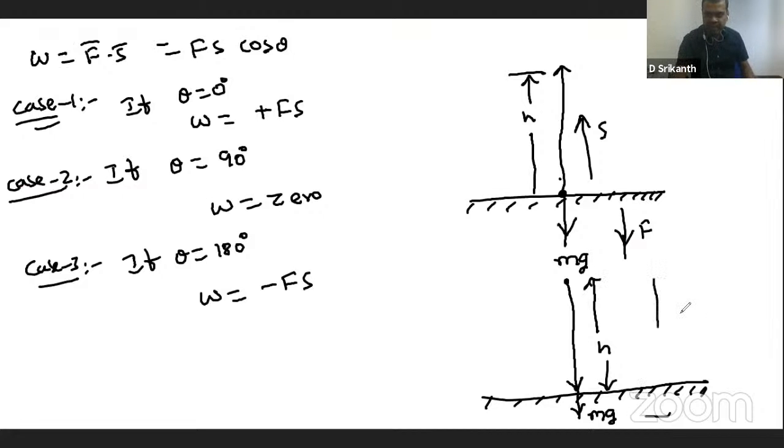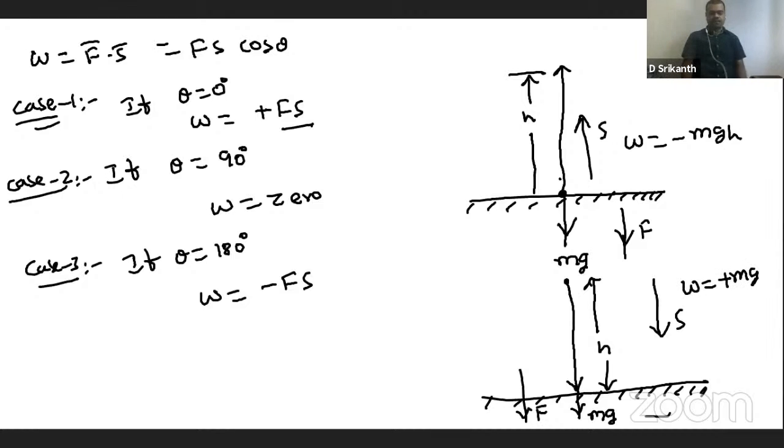So here displacement as well as force are both in the same direction. So I can say that work done will be positive. In the earlier case, work done will be minus mgh. In this case, work done equals plus mgh.